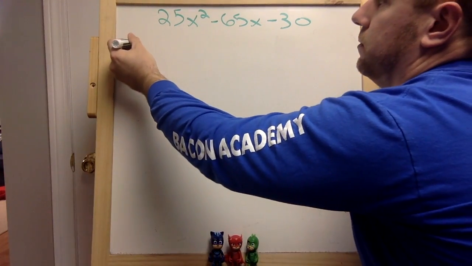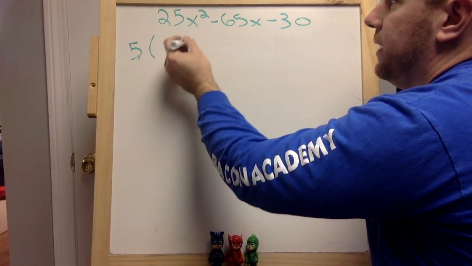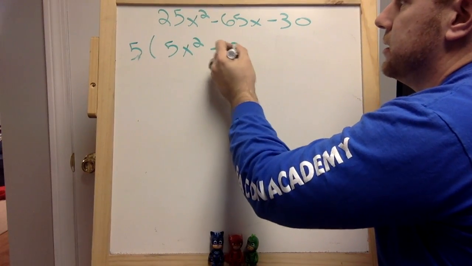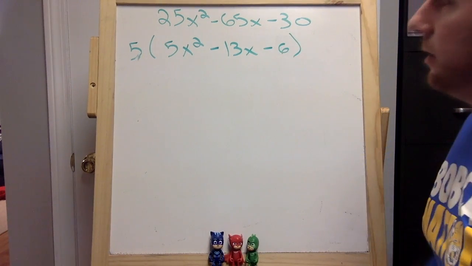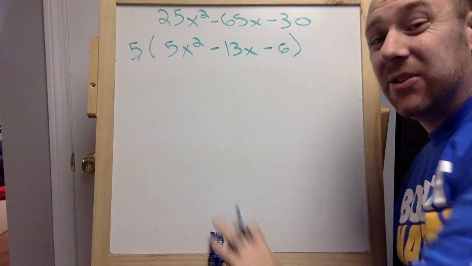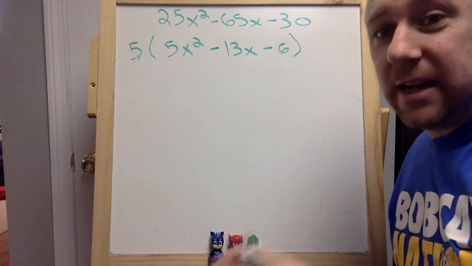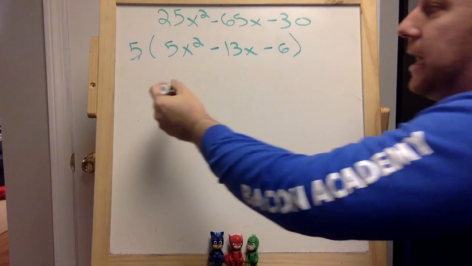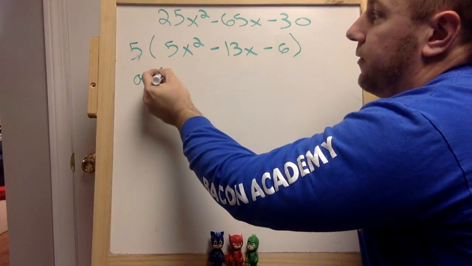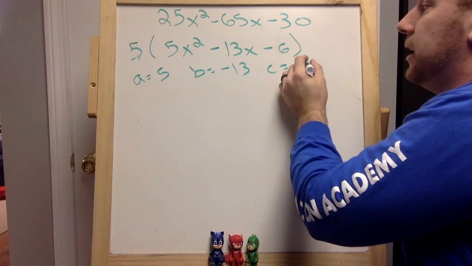So that would leave me with 5x squared minus 13x minus 6. Now, what I can do is forget about that 5 until the end of the problem. So I notice A is 5, B is -13, C is -6.